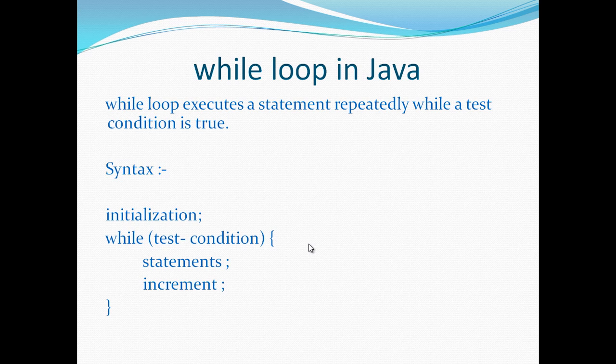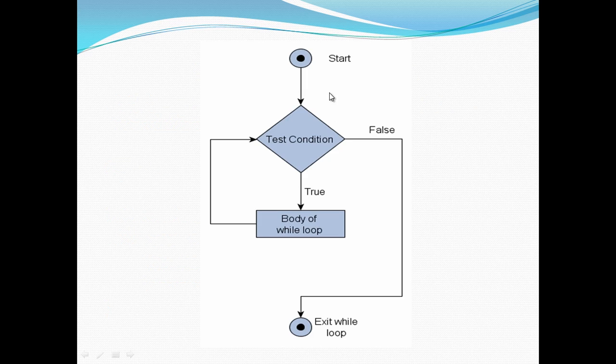So friends, let's move ahead and see the flowchart of the while loop in Java. Here the while loop starts with a test condition. If the test condition comes out to be true, then the body of the while loop gets executed, and then it goes back again to see what the test condition is now.